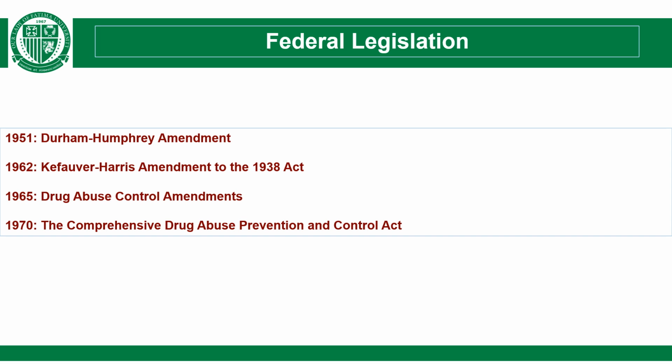In the 1970s, the Congress passed the Comprehensive Drug Abuse Prevention and Control Act. This act was designed to remedy the escalating problem of drug abuse. So, they promoted drug education and prevention of drug dependence.